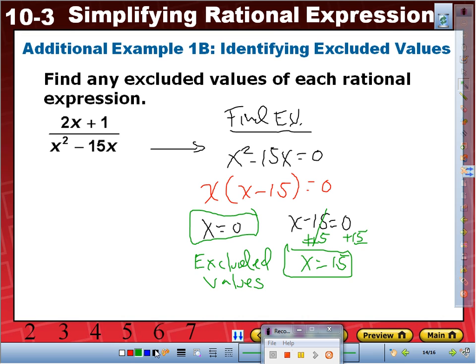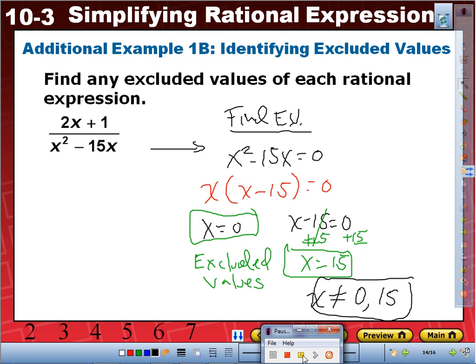What's another way of writing it? Check this out. Everybody look up. This is where some of you got confused. x could not be what? 0 or 15.